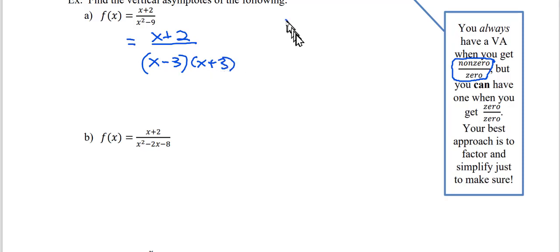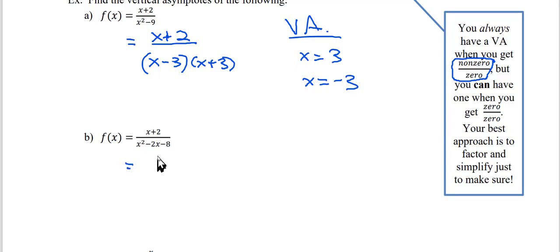You are going to have a vertical asymptote when x equals 3 and when x equals -3, because those are values that make the denominator 0. When you plug them into the numerator, you get 5 from this one, and you get -1. Either way, you have non-zero over 0. Those are both vertical asymptotes.